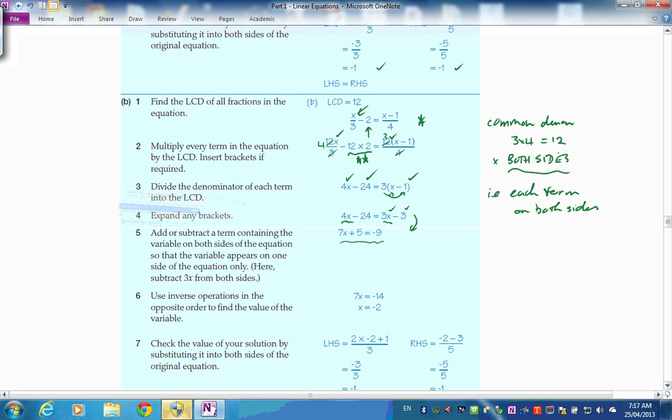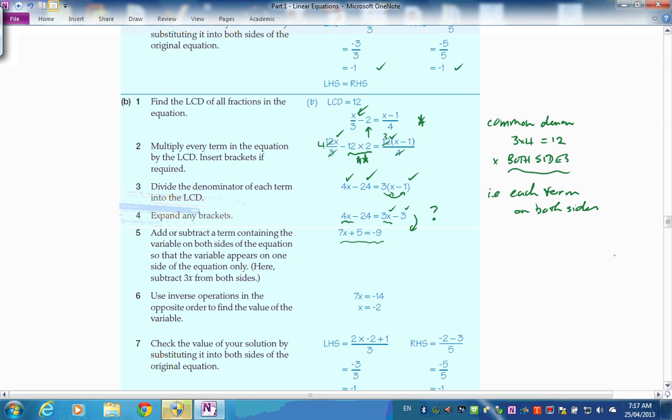If we took 3x from both sides, it would be x, wouldn't it? So what have we got there? 7x plus 5 equals 14. Now, can you look at that one and see what you think there? How have they gone from 4x take 24 equals 3x take 3 to 7x plus 5 equals neg 9?